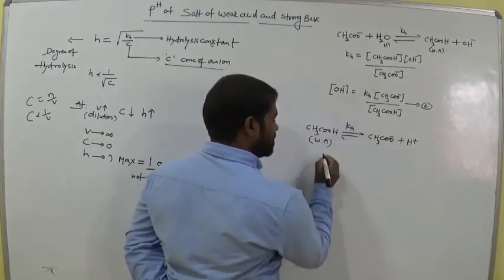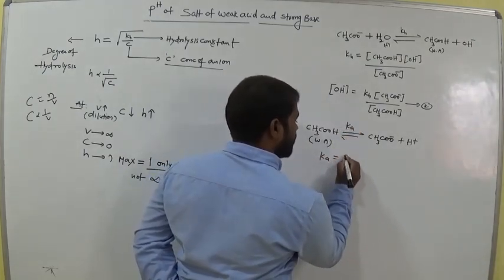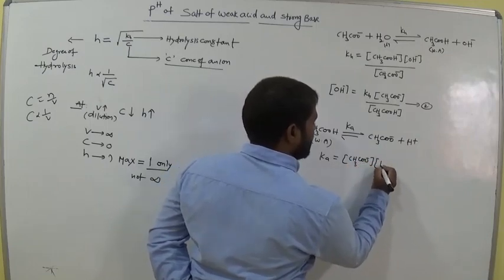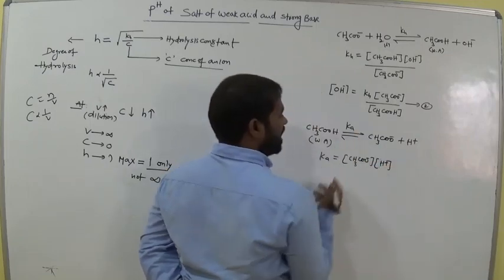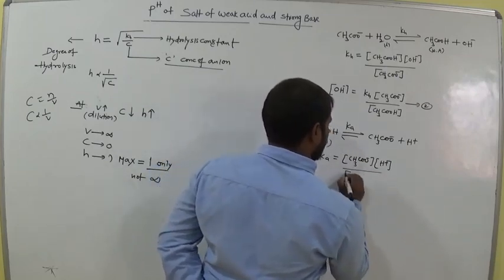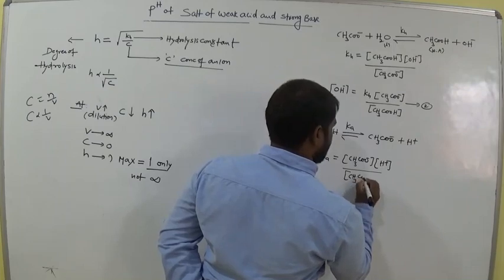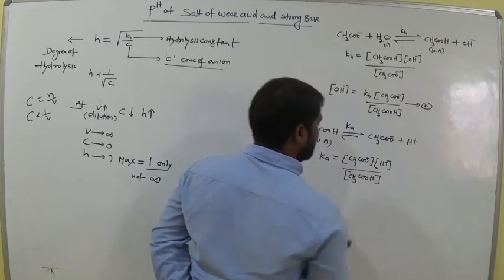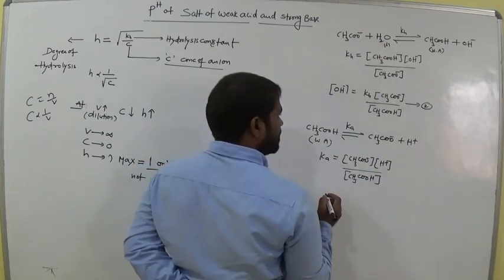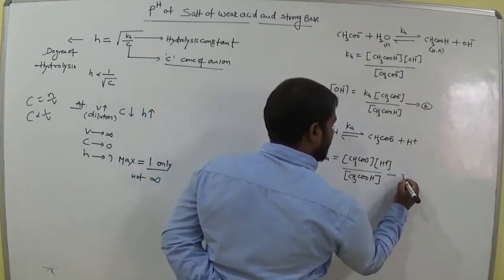We consider Ka. Now Ka is how much? Ka is the molar concentration of CH3COO minus and H plus over CH3COOH, where Ka is the equilibrium constant for the weak acid. Clear? All of you? And we have water also, am I right? This is 3.